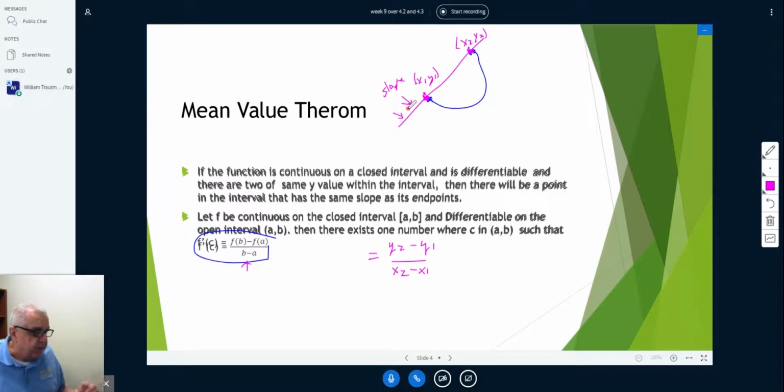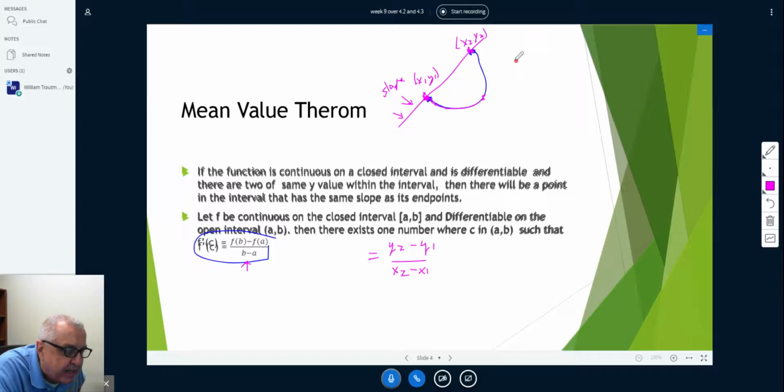That's algebra. Well, the mean value theorem says if you have 2 points on a graph and you know its slope, somewhere between these 2 points on your graph, there's another point that has the same, let me see if I can draw.